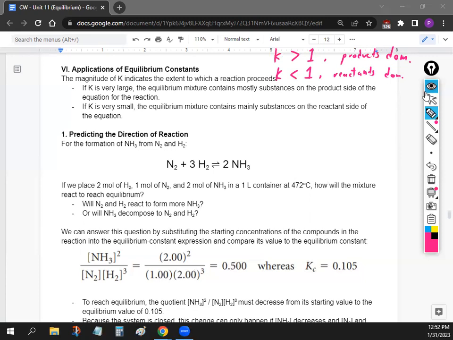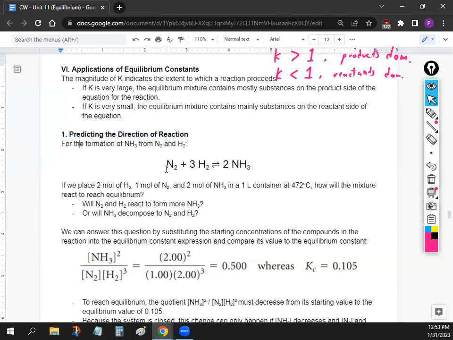All right. Okay, so based on that, let's talk about how we can apply this knowledge of K and equilibrium. The first thing that K allows us to do is predict which way the reaction is going to go.